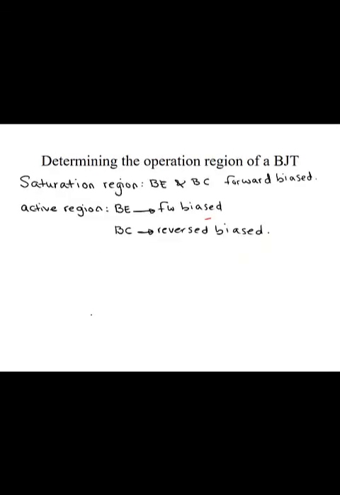Okay, so here we want to find VBE and VBC. VBE is equal to VB minus VE, and in this example VB is 2.7, VE is 2, so the difference will be 0.7 volt.